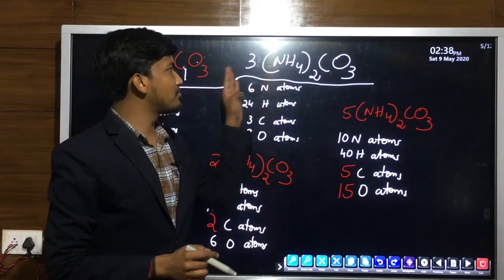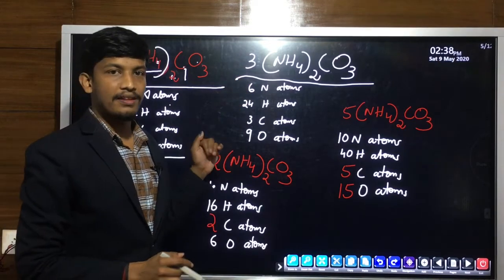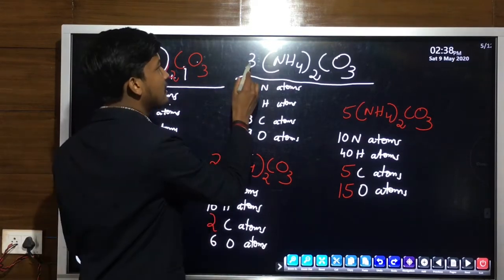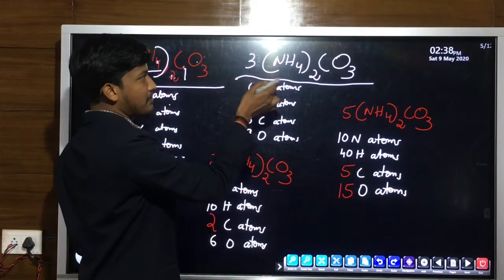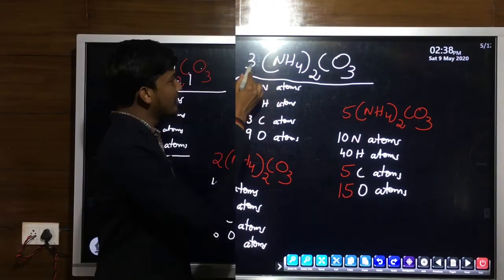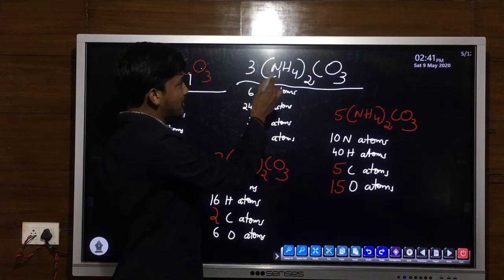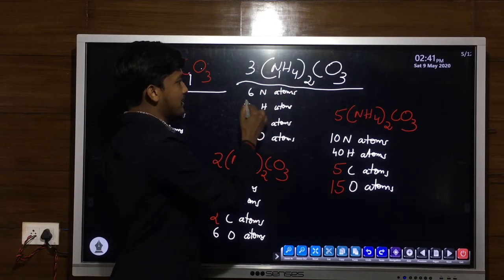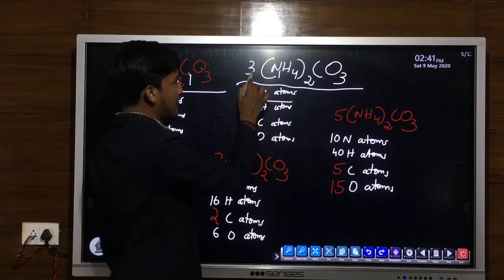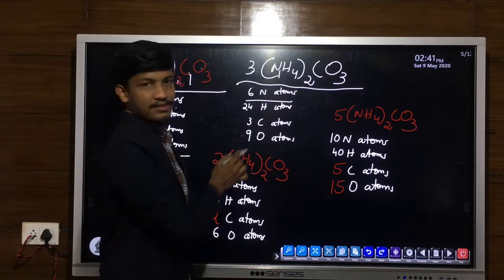That is the same compound but the coefficient is 3. So we have to multiply the number of each atom by 3. 3 into 1 is 3, 3 into 2 is 6, so 6 nitrogen atoms.